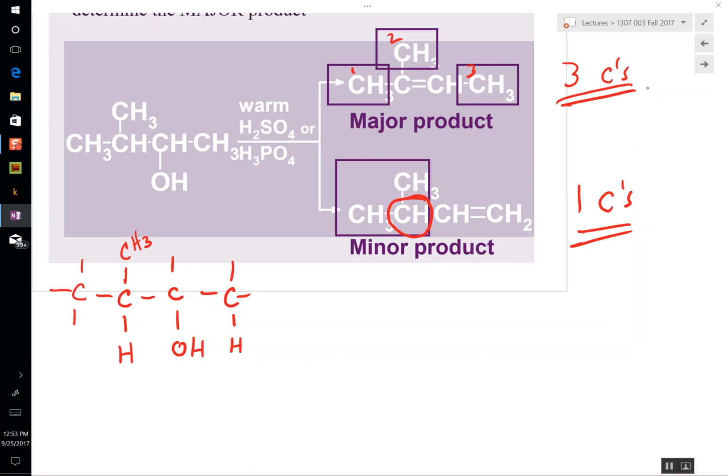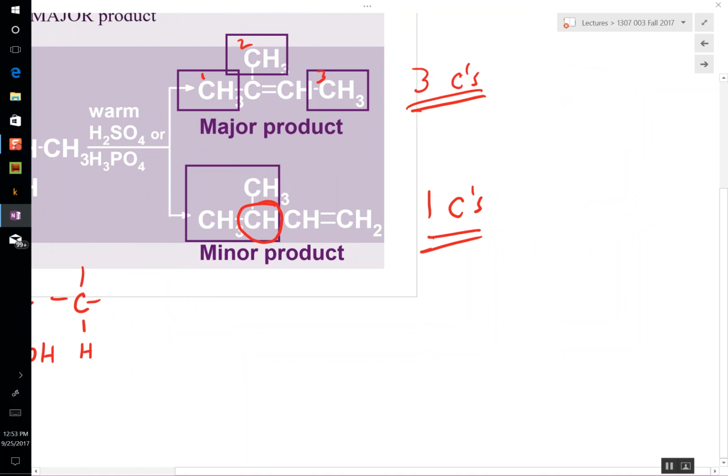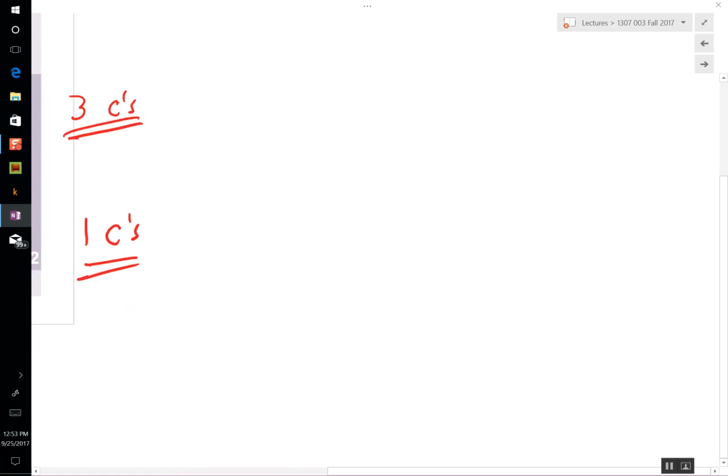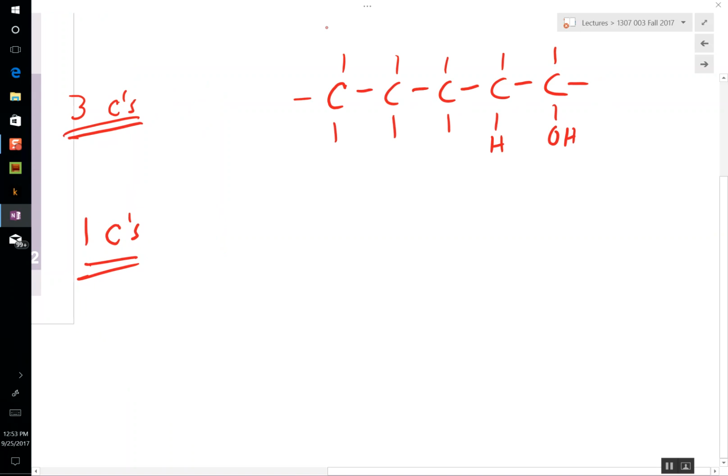Okay, do you see how to apply Zaitsev's rule? Let me give you one more really easy example, but it proves a point. You're not going to always have a major and minor product. So imagine I give you this alcohol. I'll draw it like this. So here we have 1-pentanol.